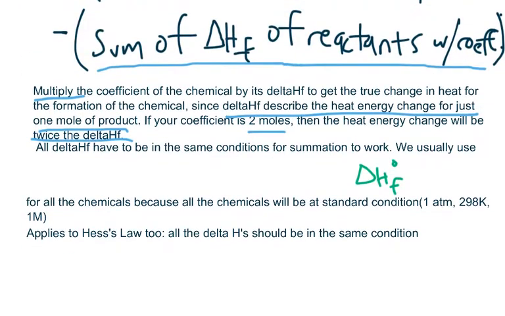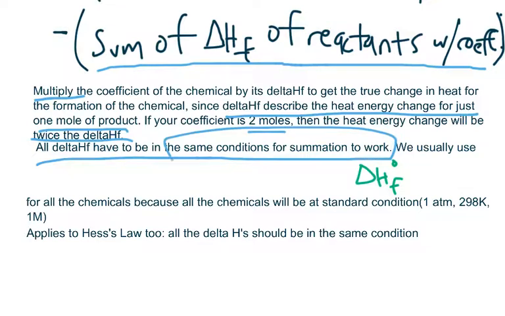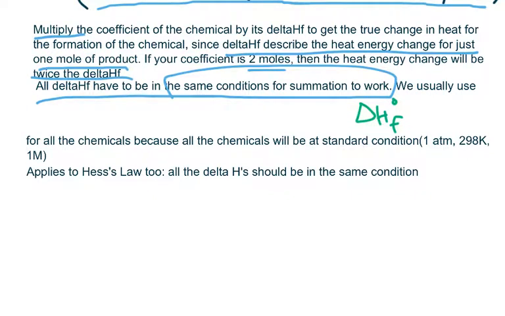Now, we have to make sure that all the ΔH of formations are in the same condition for this to work. And what I mean by the same condition is that, well, when you're given a table telling you the heats of formation, they're usually at standard condition, which is again 1 atm, 298 Kelvin, and 1 molar.